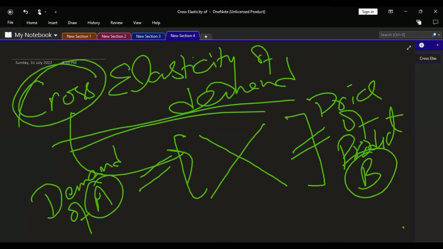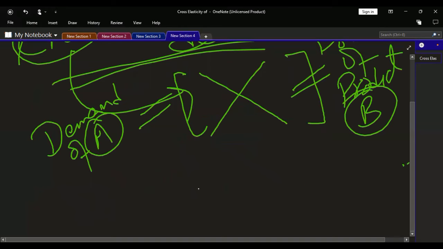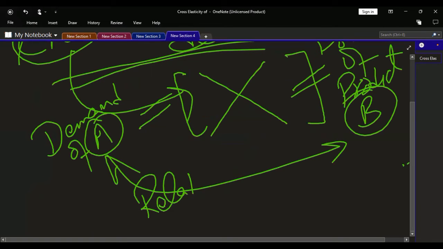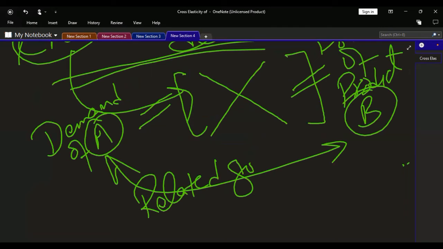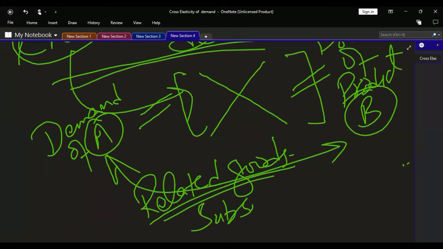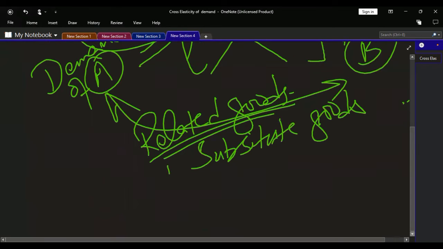These are both related goods which are dependent upon each other, just like substitute goods or complementary goods.